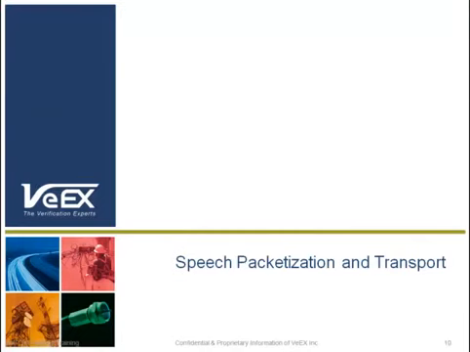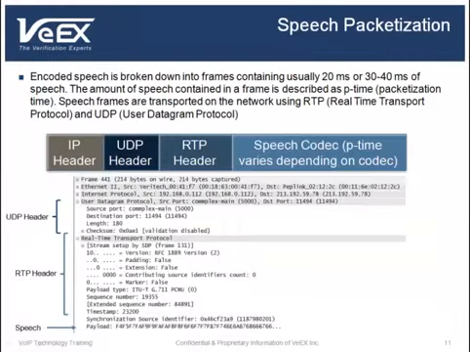We will now look at how speech is packetized and transported. As this graph shows, the continuous digitized speech is broken down into frames containing a certain speech duration, usually 20 milliseconds or 30 to 40 milliseconds. The amount of speech contained in a frame is described as the packetization time, or P time.